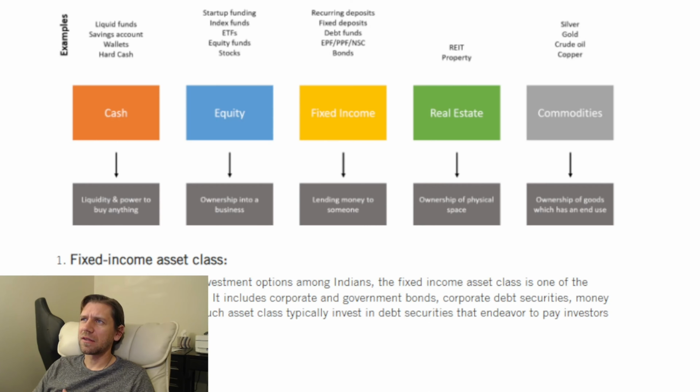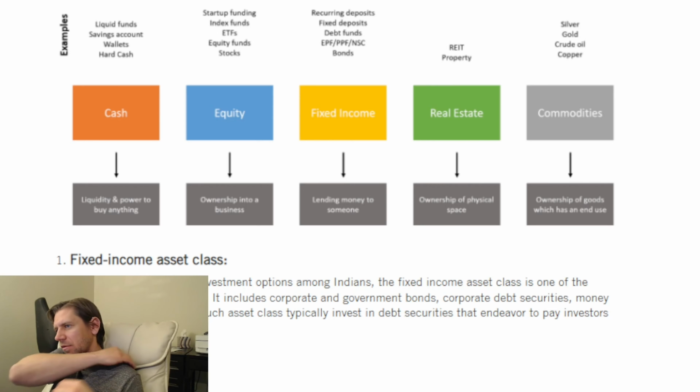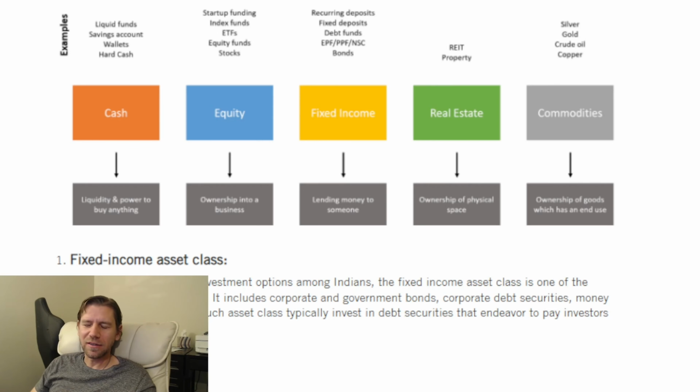Examples they have here are silver, gold, crude oil, and copper. But it can be really anything that can be tradable, and it's a raw good. It doesn't have to be a metal. It could be like orange juice, or lean hogs, or coconut oil, I don't know, wheat, soybeans, right?